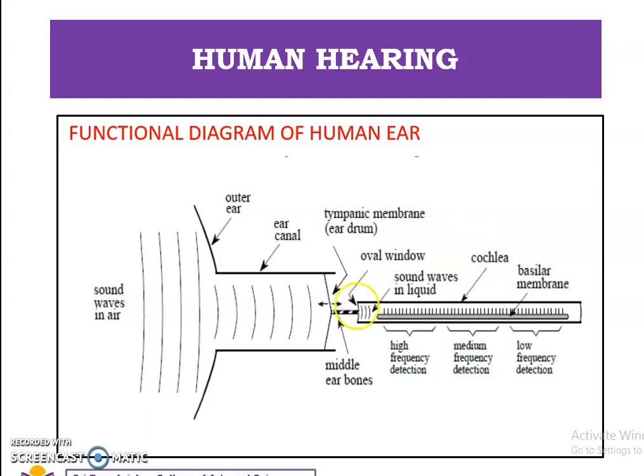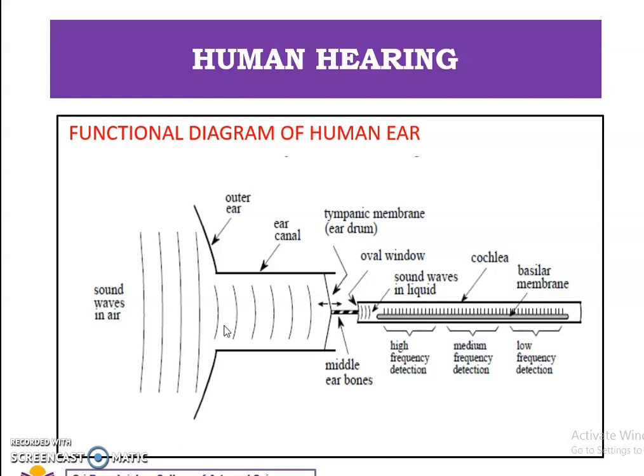Normally, when a sound comes from outside, it travels through air and then has to pass into the liquid, as the cochlea is a liquid filled tube. A small fraction of sound will be transmitted, while the remainder will be reflected. Here the mechanical impedance differs. Here is air and here is liquid. Liquid has high mechanical impedance compared to air.